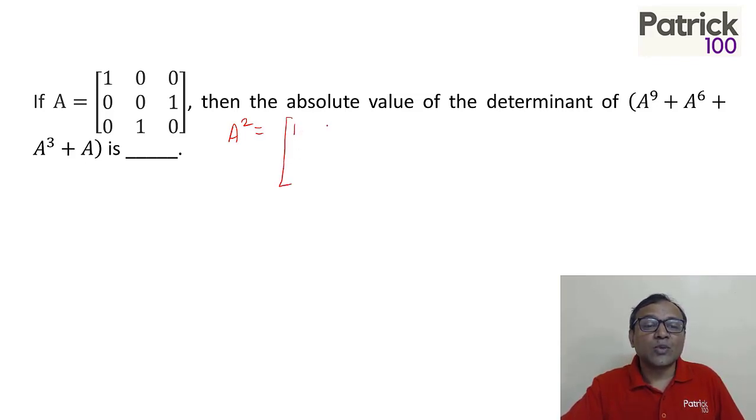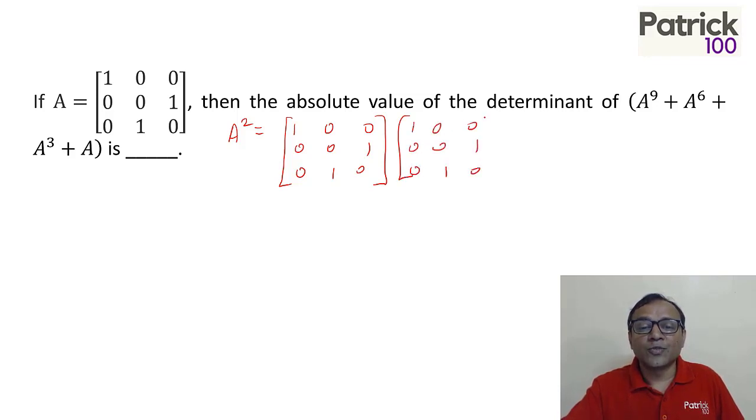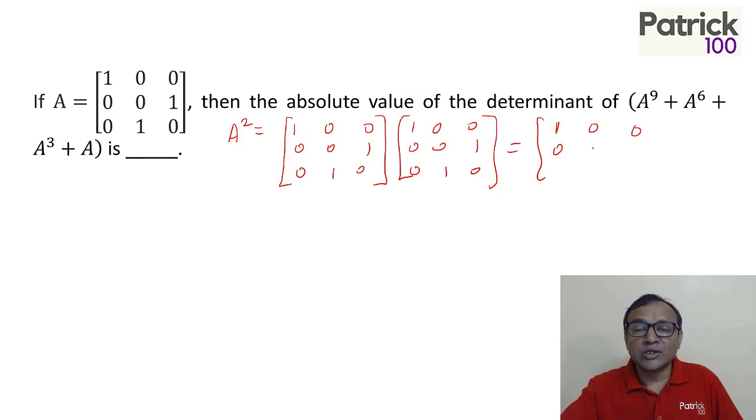A square is [1 0 0; 0 0 1; 0 1 0] into again [1 0 0; 0 0 1; 0 1 0]. I'm assuming you know how to multiply two determinants. If you calculate this row and column, you get 1, you get 0, 0, you get 0, 1, 0 and 0, 0, 1.